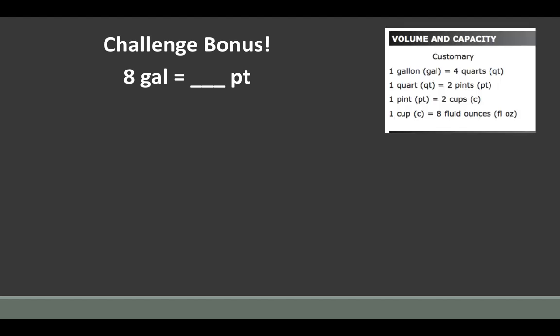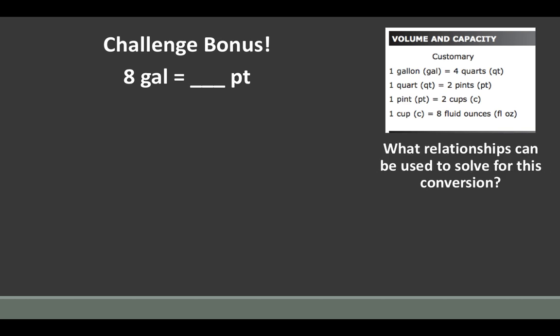Okay, this is a challenge bonus. Pause this and take a couple of seconds to see what you can do. All right, with volume and capacity, we know that if there is a relationship, what relationship can be used to solve this conversion?